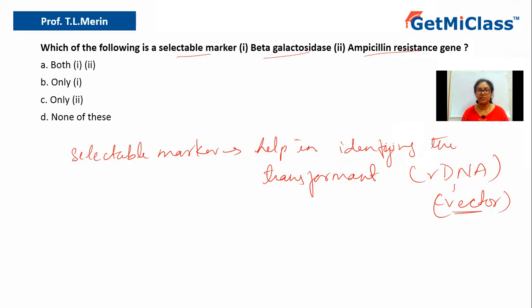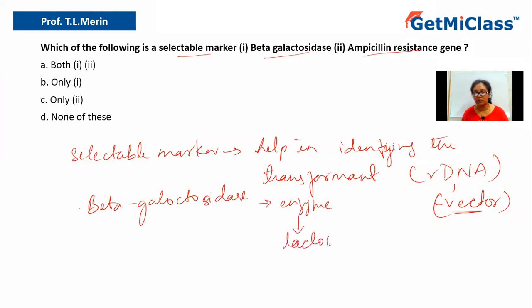Now here they have given the option as beta galactosidase. So what is that? Beta galactosidase is a gene. It is actually an enzyme which will help in breaking down lactose, and if it is present, it will give rise to blue colonies.